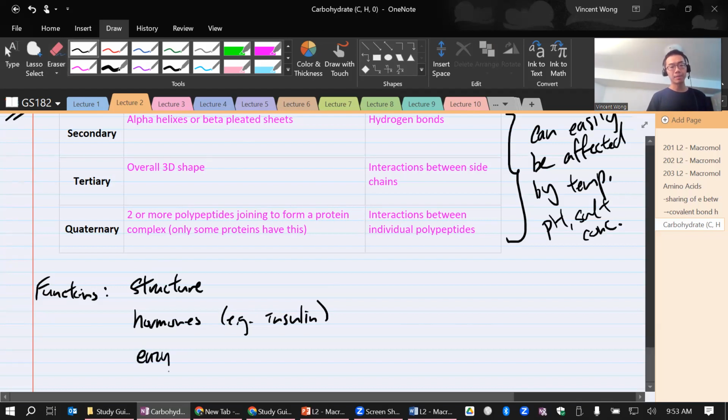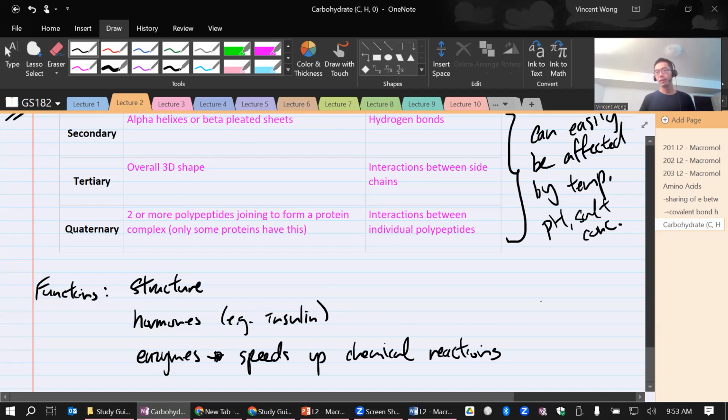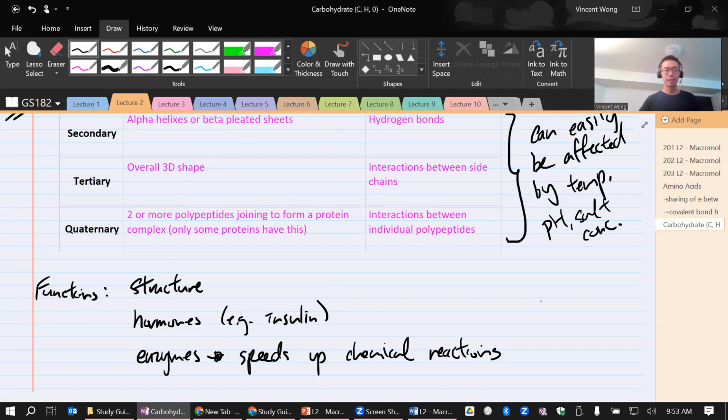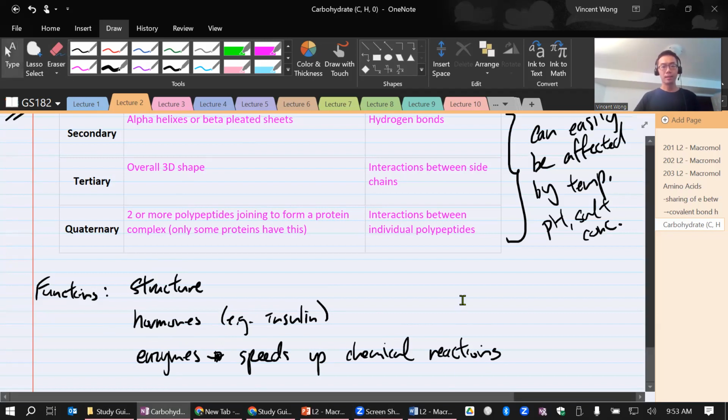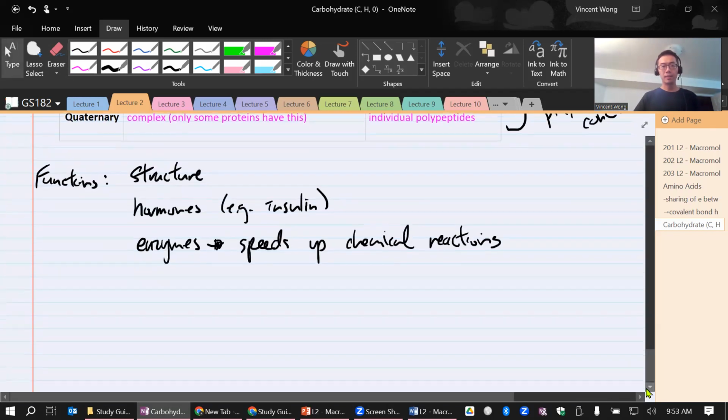And then enzymes. An enzyme speeds up a chemical reaction, right? Okay, that's it. There was also the picture of an enzyme.